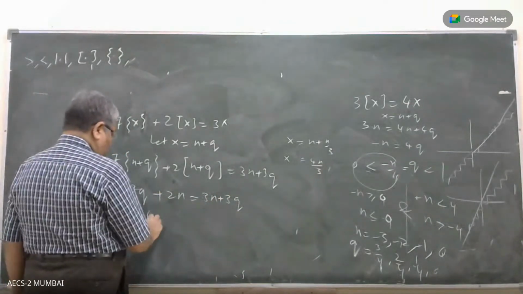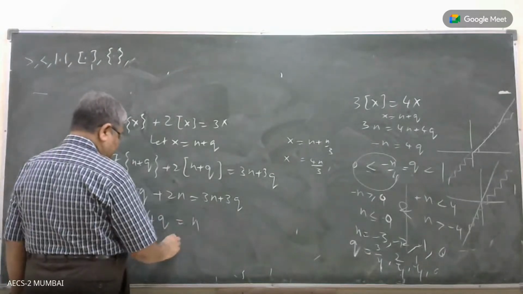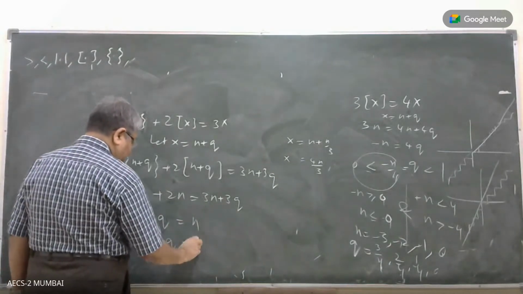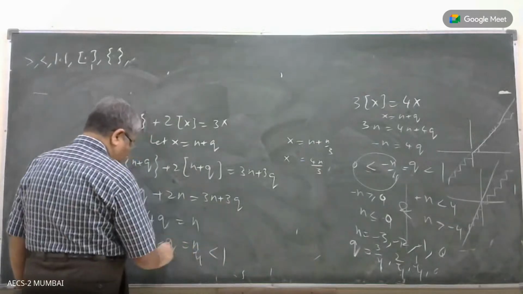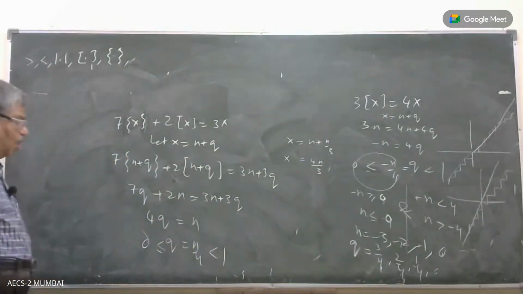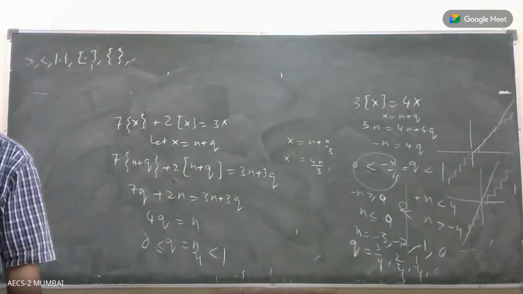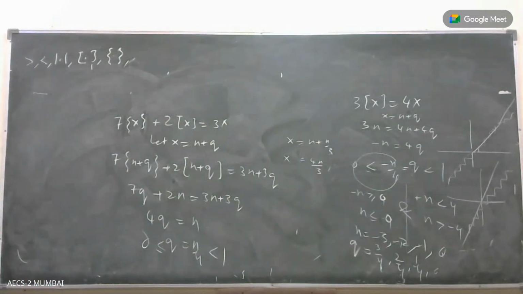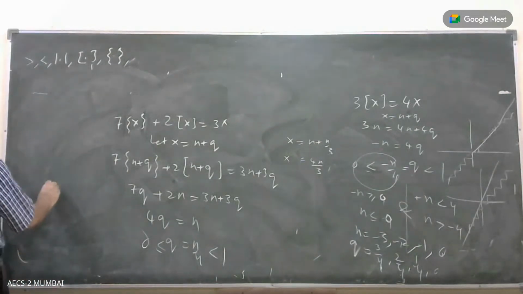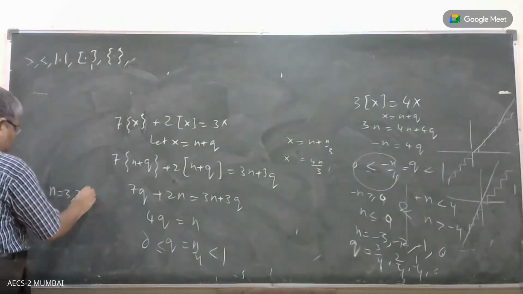So this will be 4q is equal to n. So q is equal to n by 4. Now put it in its bounds. How many solutions will we get? 4. So n is equal to 3, 2, 1, 0.